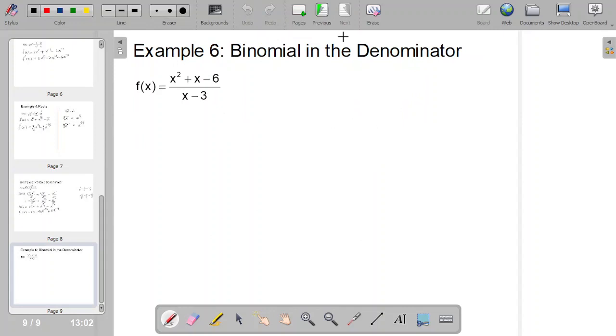Then finally, we look at a case where we have a binomial, which means two terms. So we have a trinomial, and it's a quadratic expression in the numerator, and in the denominator we have a linear binomial. So how do you deal with this? Well, you can't find a derivative when you have your function in this form, and also at the same time you can't just spread the x as you did, because there's a minus 3 as well.